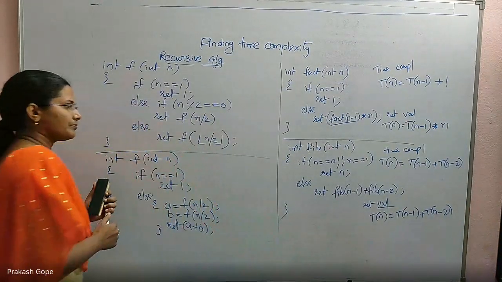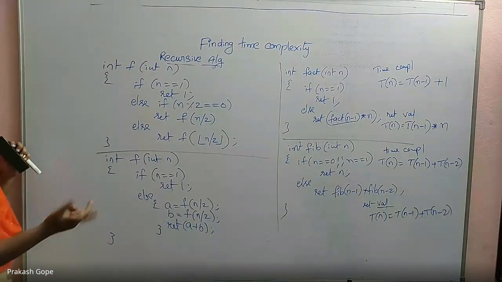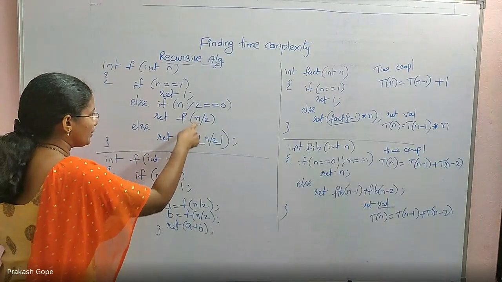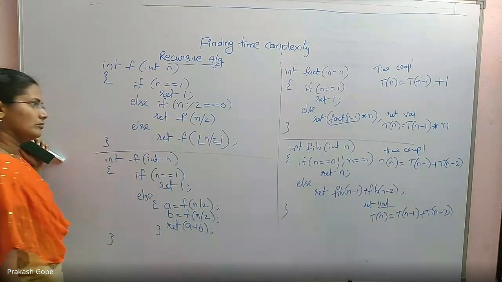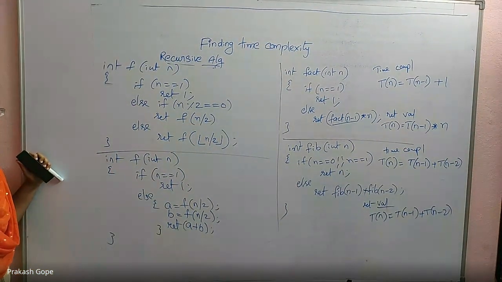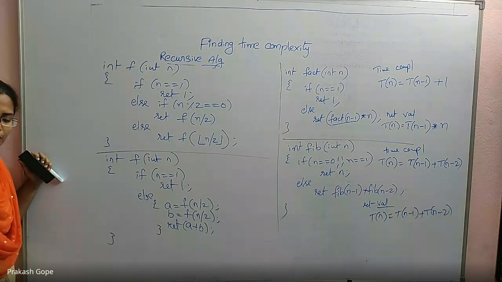Here it is addition, that's why I wrote addition. For this algorithm, oh, here also two calls, n by 2, n by 2. Two times I am invoking the same function with n by 2, is it?